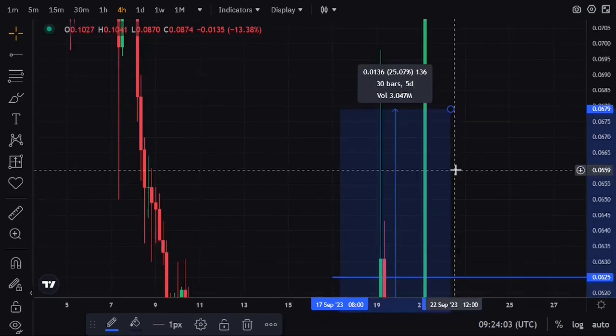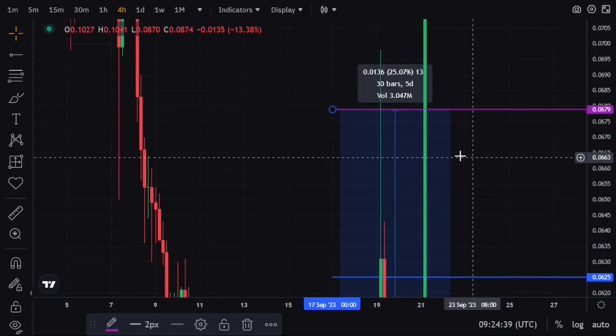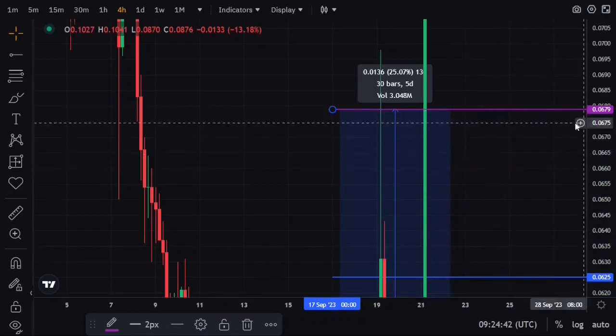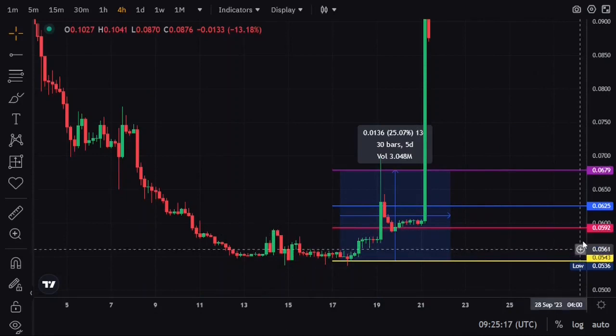0.0625 cents. And your safety price will be at the 25% of the most current bullish trend section. And then use the pink horizontal line to indicate your safety price, which is 0.0679 cents. So as you can see on the candlestick price chart data, my stop loss price it's at 0.0592 cents.